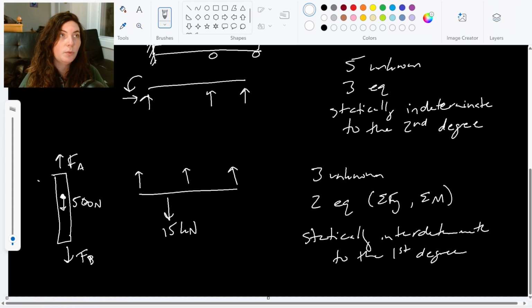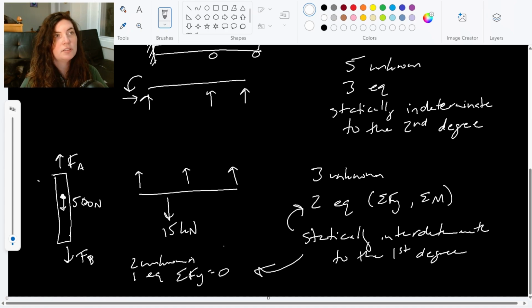So now in this one, we have 2 unknowns. But again, we only have 1 equation we can use, right? Our sum of x's isn't going to help us, and our moment isn't going to help us either, because all of these forces are through the line of action, right? So if we took a moment, all of the moments would be 0. All of our x forces would be 0. The only equation we can use here is sum of our y forces equals 0. That's the only equilibrium equation we can use. So again, statically indeterminate to the first degree.